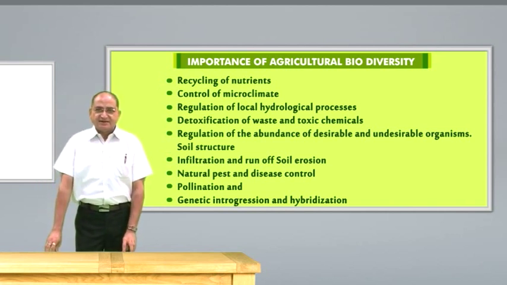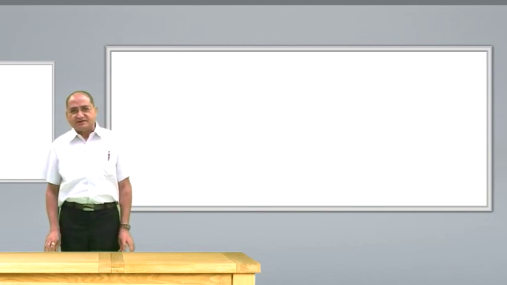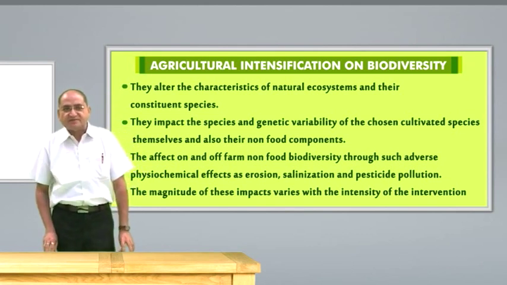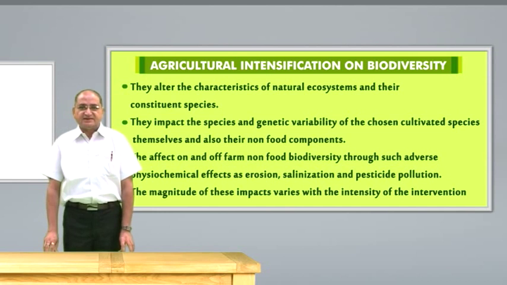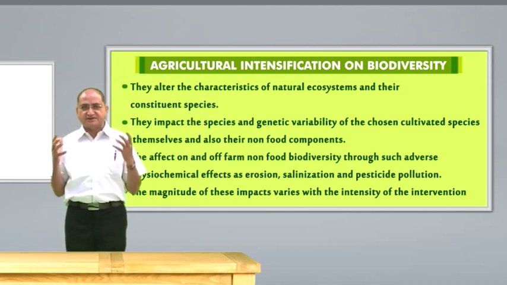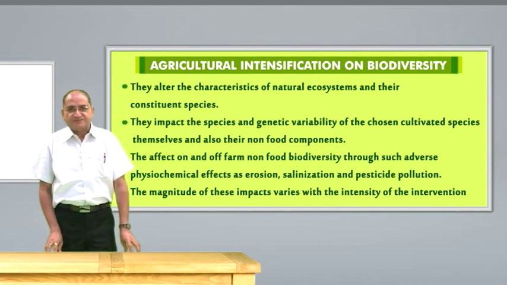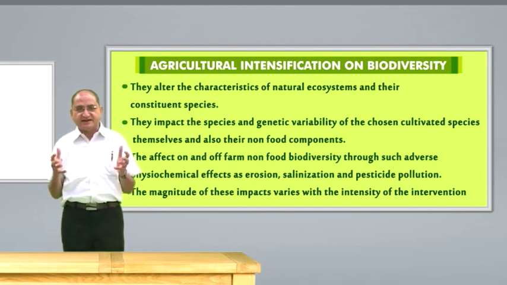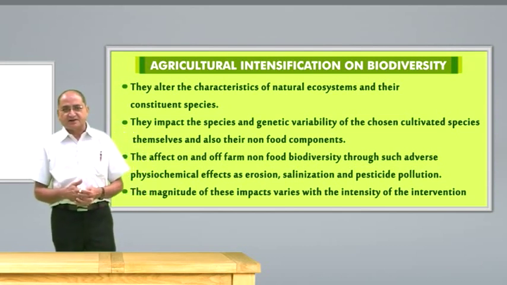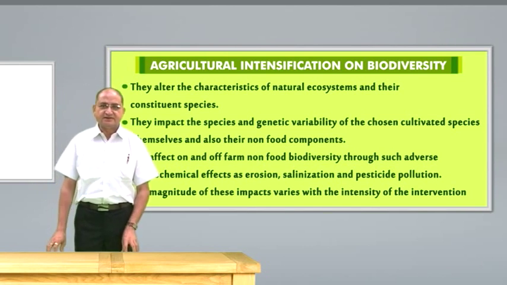Agricultural intensification affected biodiversity in such a way. Agricultural activities have three types of impacts on biodiversity. First, they alter the characteristics of natural ecosystems and their constituent species. Second, they impact the species and genetic variability of the chosen cultivated species themselves and their non-food components.